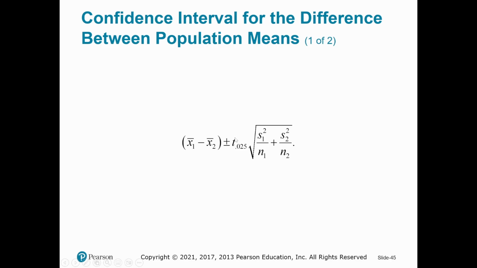So this still requires each group to be approximately normally distributed for this critical value to be valid. So this is important.